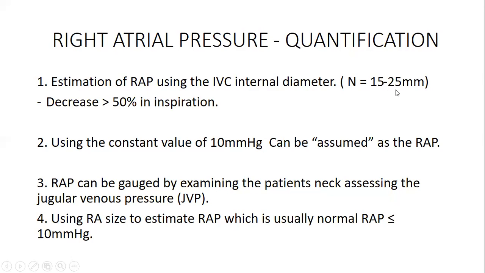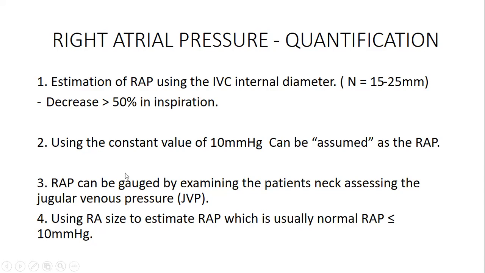The cutoff point is that when the IVC internal diameter is non-collapsible, you're also going to quantify. So different diameters and pressures within the right atrium correspond to the IVC internal diameter. So the IVC internal diameter can actually be used to quantify or give an approximation of pressure within the right atrium. I'll explain further when it comes to that.